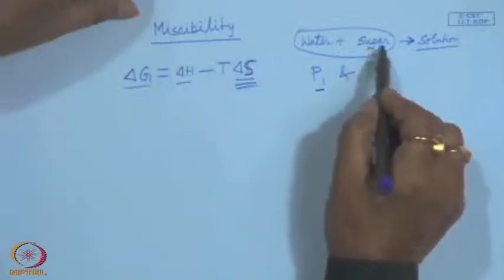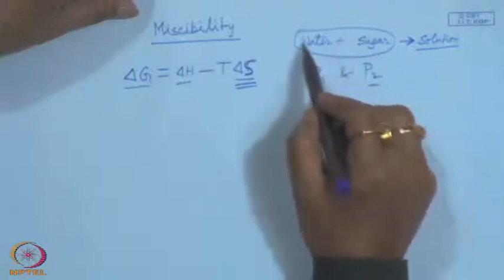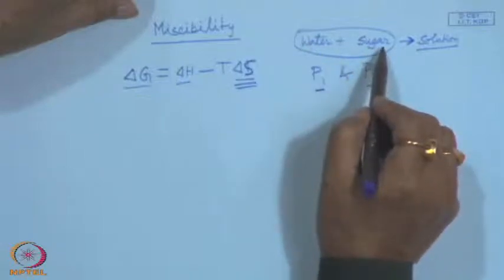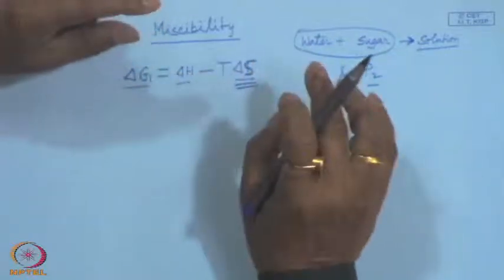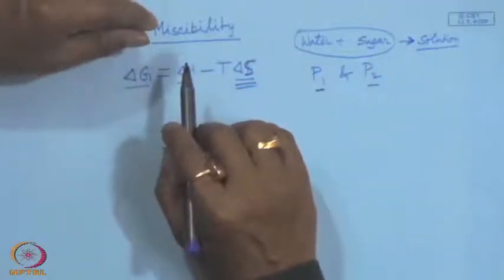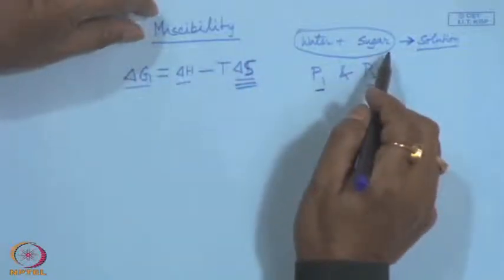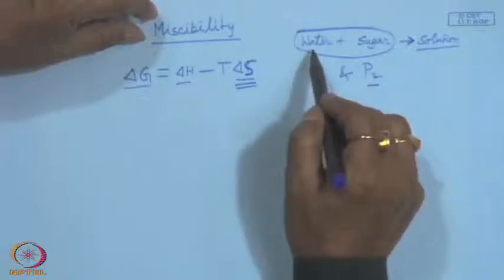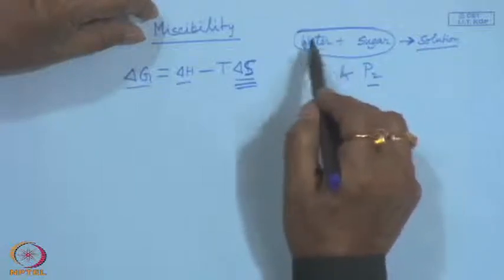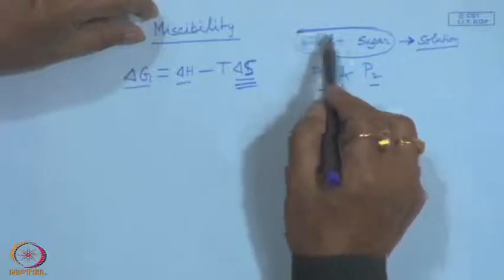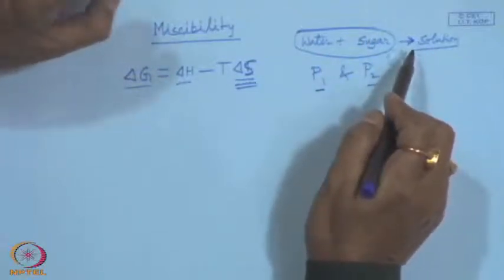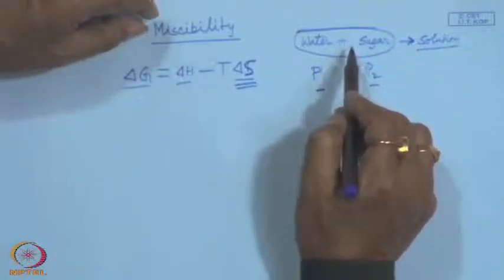The size of the sugar molecule is very small and the size of the water molecule is also very small. Since these two smaller units are mixed together having close solubility parameters, they are miscible and enter into solution, forming a uniform distribution of sugar molecules in the water phase. If we go into details, we can explain this phenomenon of solubility or dissolution with the help of the liquid lattice model.